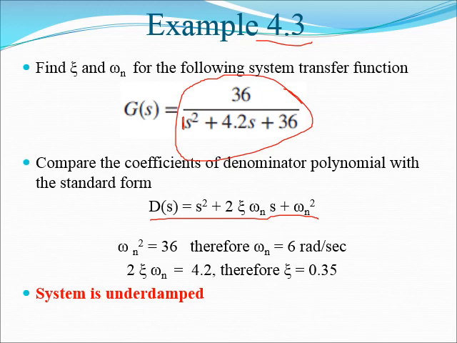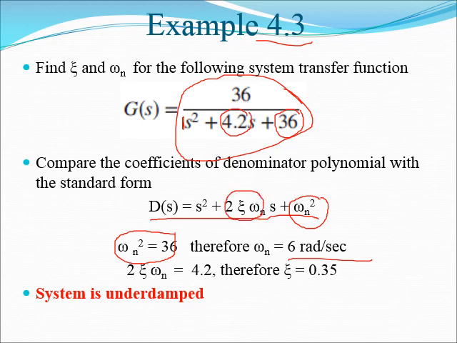Now what we do is find the values of the parameters zeta and omega n. We can see the 36 is the same as omega n square, so omega n square is equal to 36, therefore omega n is equal to 6 radian per second. To find the value of zeta, we take the second term, which is 4.2, and this coefficient is equal to 2 zeta omega n.